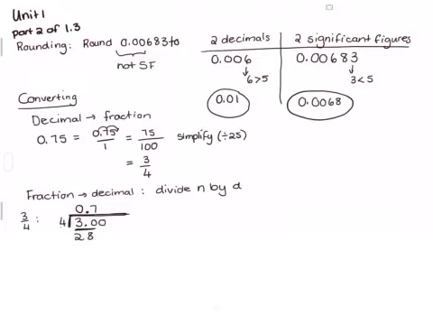That's a 28. So we're literally doing 30 minus 28 leaves 2. Bring down the next 0. 4 into 20 goes 5 times. 5 times 4 is 20. If you subtract that, you get nothing. So now I know I'm done. So now I know that 3/4 is the same as 0.75.